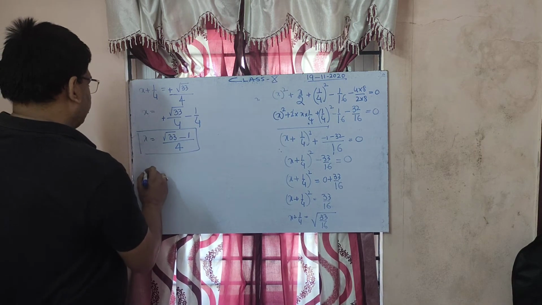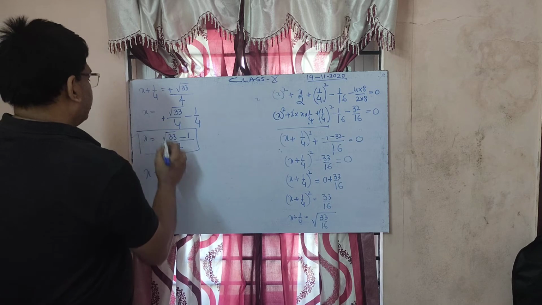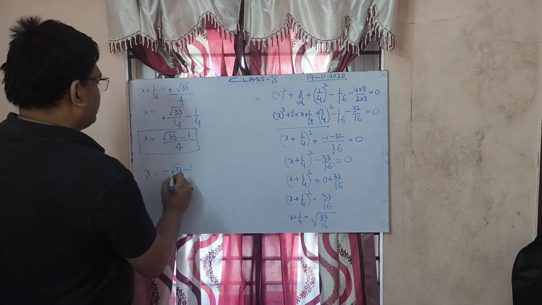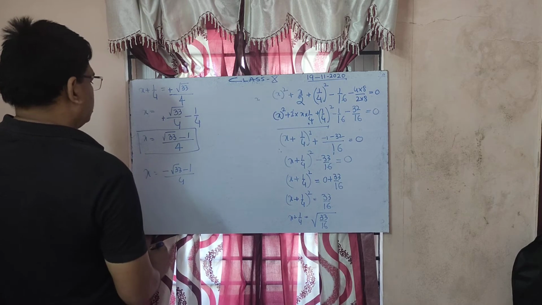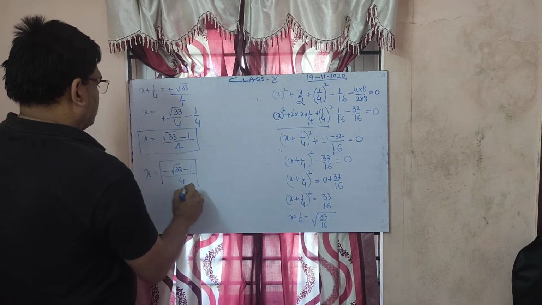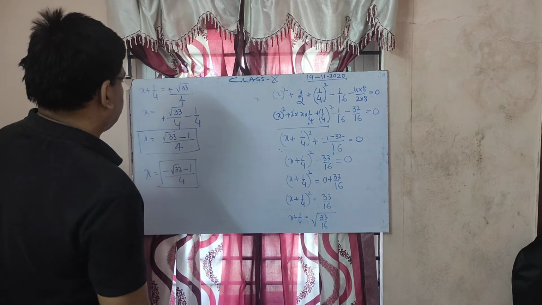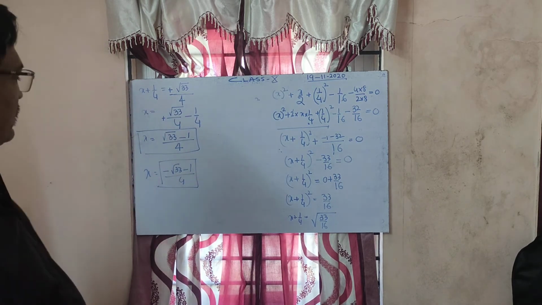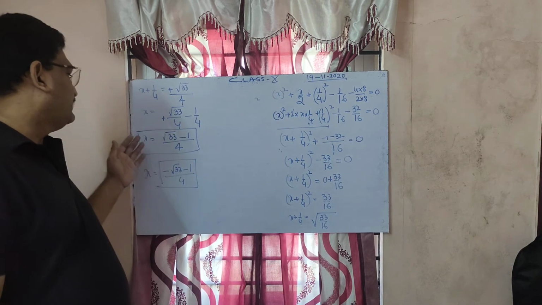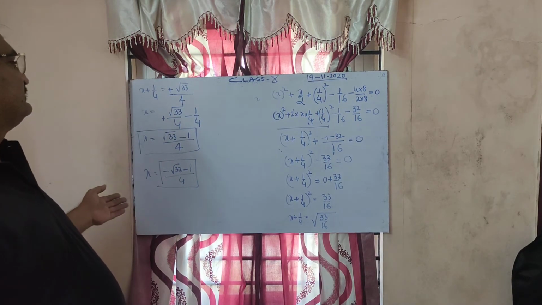And what is the second value? x equal to minus root 33 minus 1 divided by 4. So this is the second value. You cannot add this and this, nor subtract this and this, so keep it as it is.